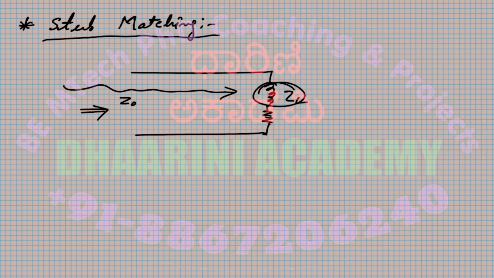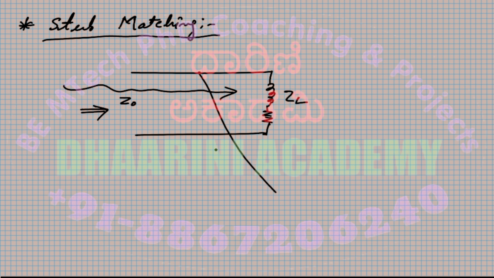So what we do here, I know that using a transmission line, if I connect in parallel maybe a short circuit or open circuit, corresponding to this inductance, let me say that I have a jX coming into the picture, because ZL is equal to some resistance plus jX.